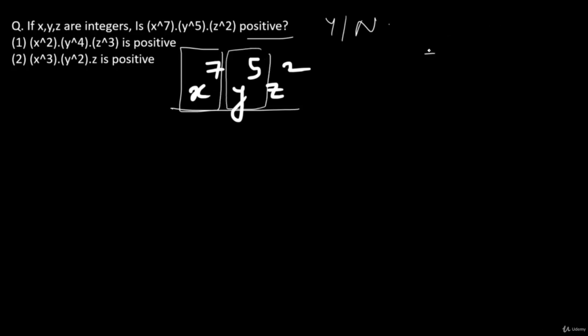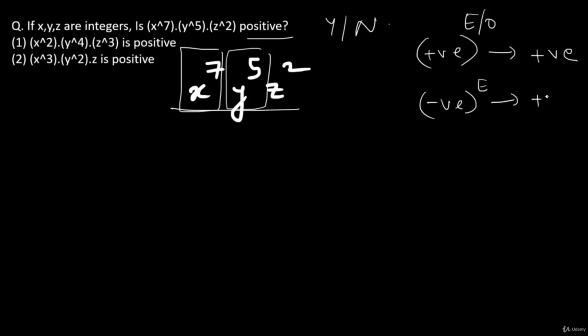Remember, any positive number raised to either an even or an odd number gives you a positive value. But if you have a negative number and you're raising it to an even power, you get a positive value. For example, minus 2 square is equal to plus 4.